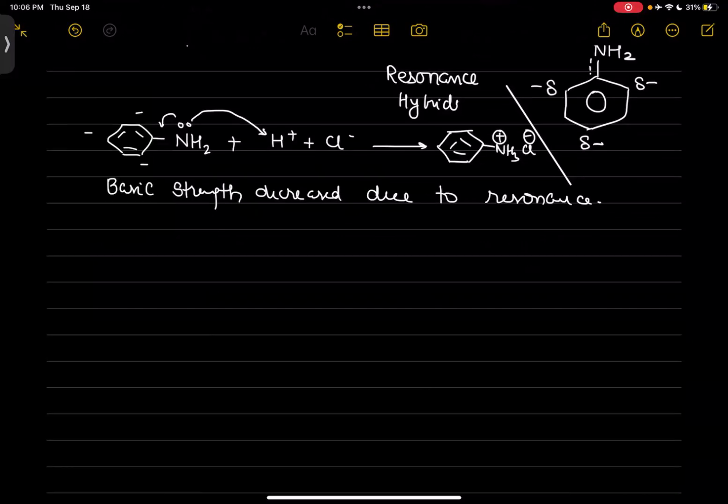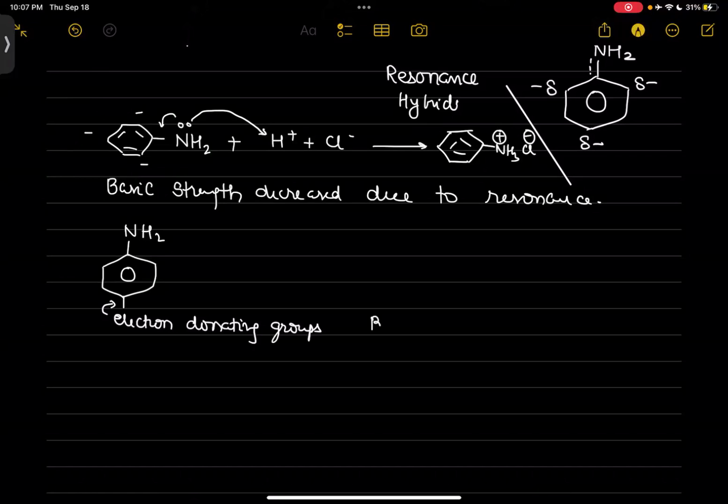Yes, clear. Okay. And suppose you have some electron donating groups, the groups which can give electrons, apart from NH2.